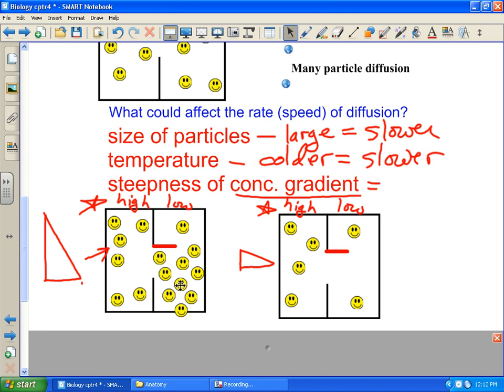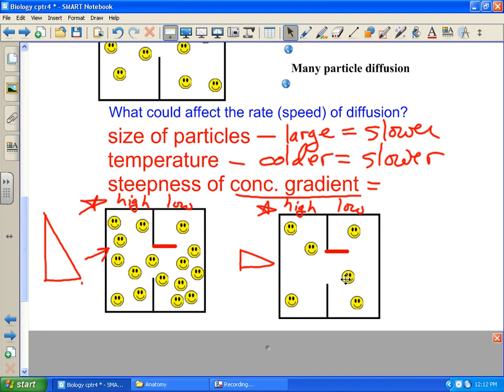And so they're going to diffuse really fast until we reach equilibrium. 2, 4, 6, 8. So there's one that's kind of floating back and forth. Okay. Now, the other one, yeah, they're moving around. They may eventually move that way. But eventually, they will reach an equilibrium as well, but it may take longer just because there's fewer moving.